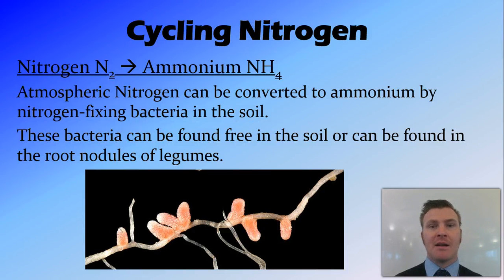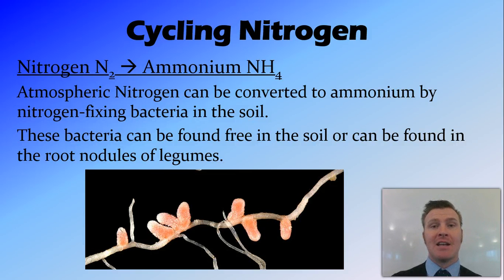Now this is done by bacteria in the soil, and sometimes that bacteria can be found free in the soil, including cyanobacteria, and other times it's found in a symbiotic relationship in the root nodules of legumes, or rhizobia. So this picture is a close-up of the roots, and you can see those nodules there. Now those nodules contain this nitrogen-fixing bacteria, and they convert the atmospheric nitrogen into ammonium.